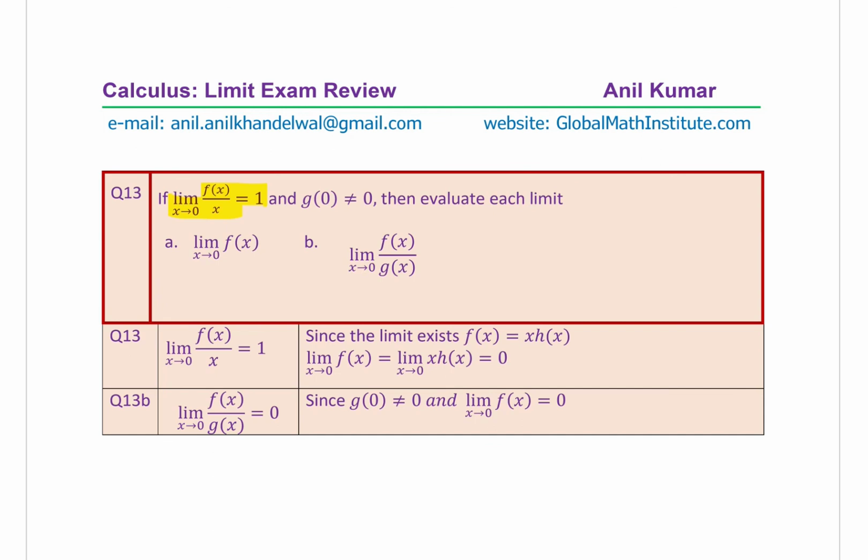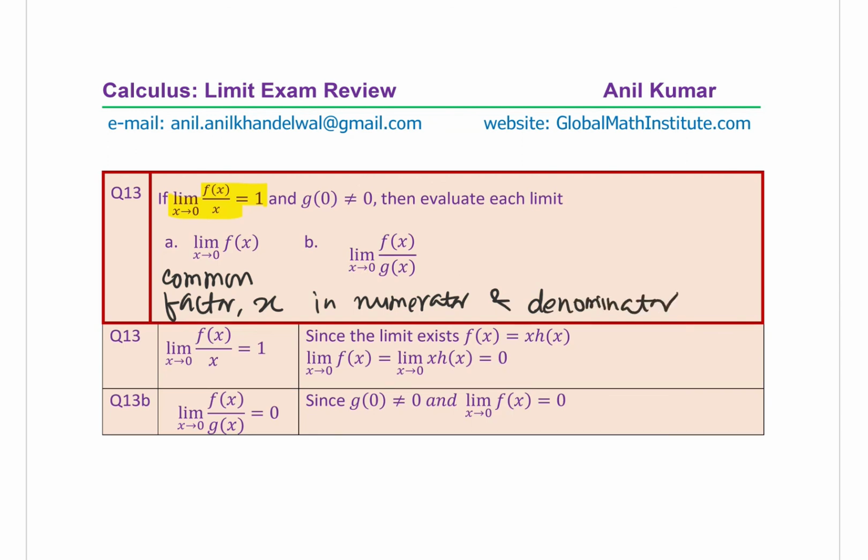So clearly, it means that the limit exists. That means there is a common factor. So this means there is a common factor, x in numerator and denominator, right? Clear?